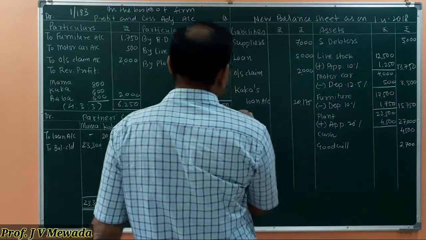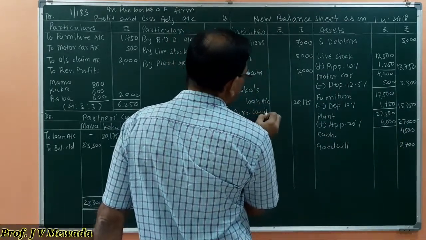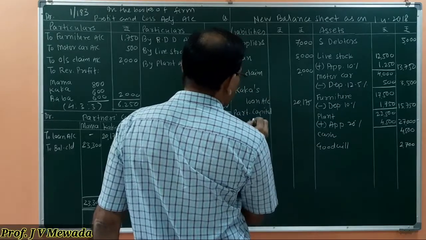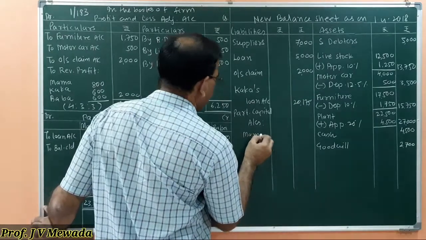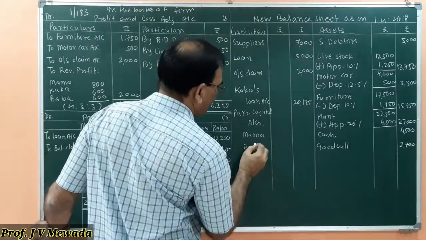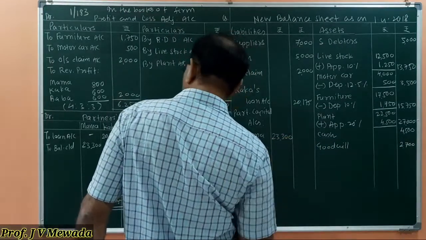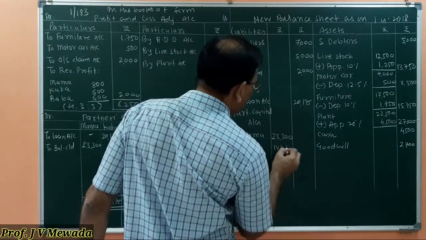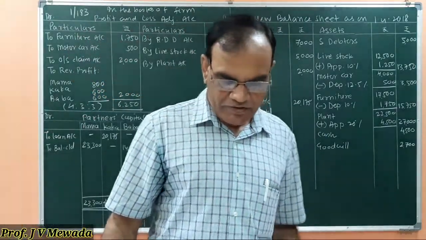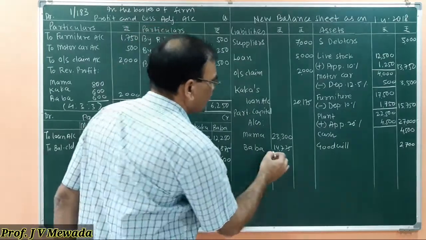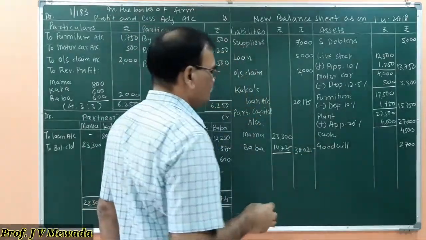Now we will write partners' capital accounts, that is Mama and Baba. So 23,300 and 14,725. So the total is 38,025 rupees.